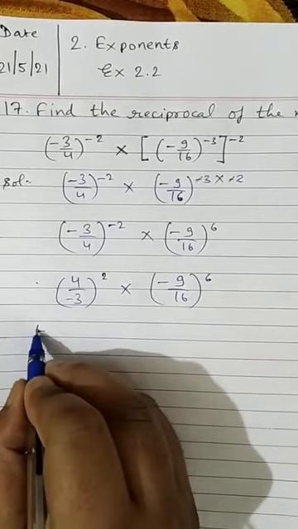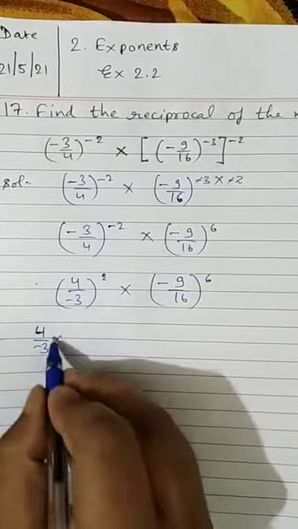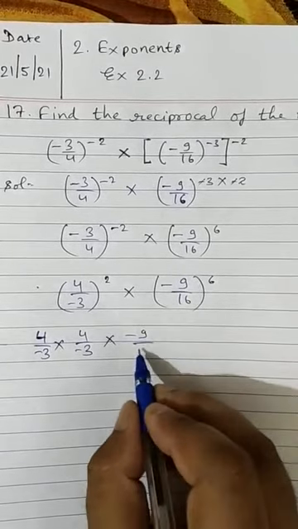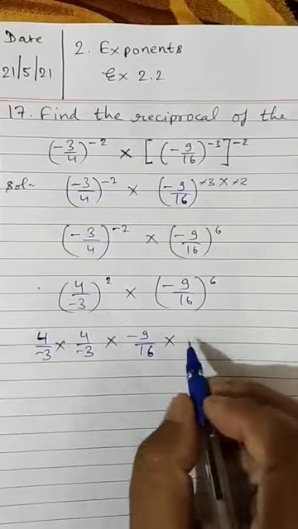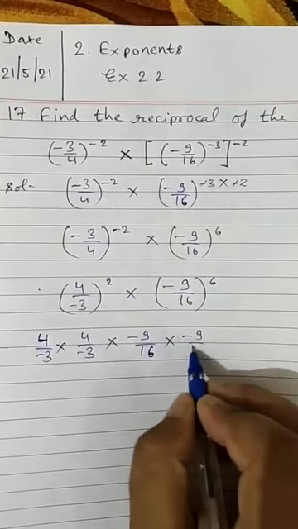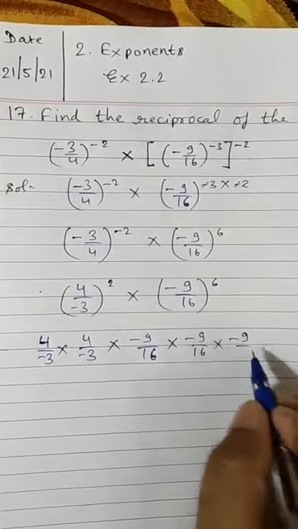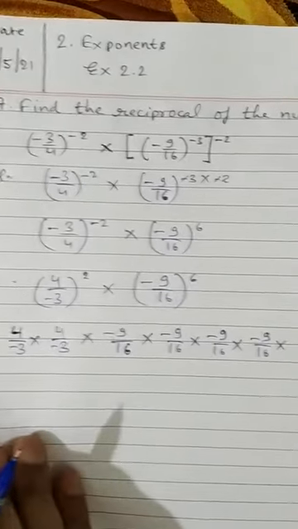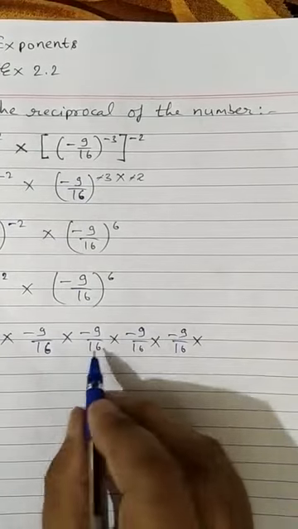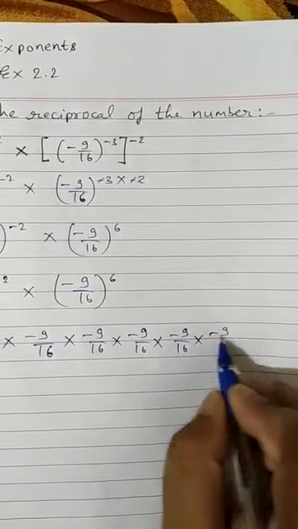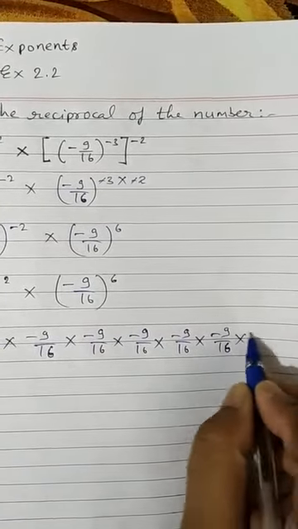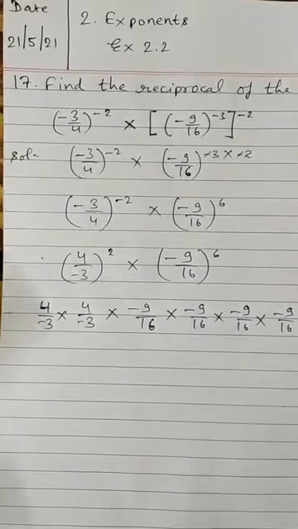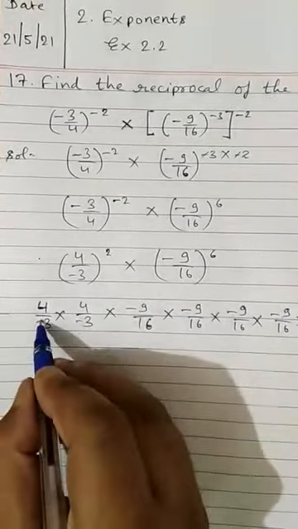So it is 4/3 two times, and -9/16 six times. One, two, three, four, five and six.